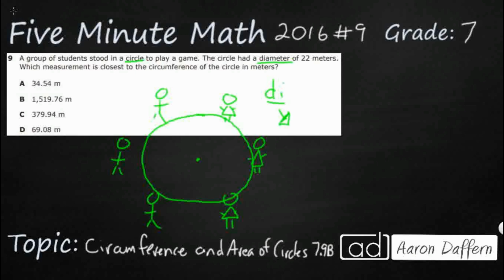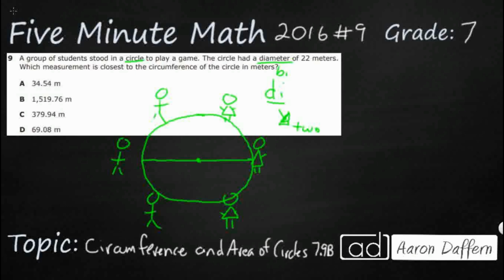Di and bi, like a bicycle means 2 wheels, they both can mean 2. So in this case, that means we're going to break up our circle into 2 even parts. So the diameter has to go through the center, and break the circle up into 2 even parts.